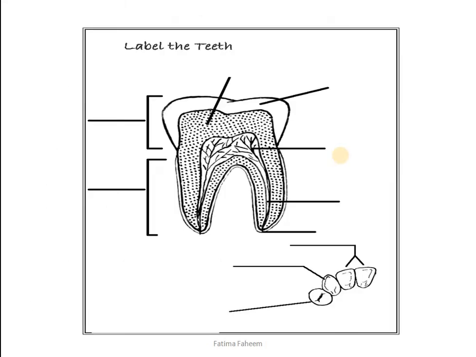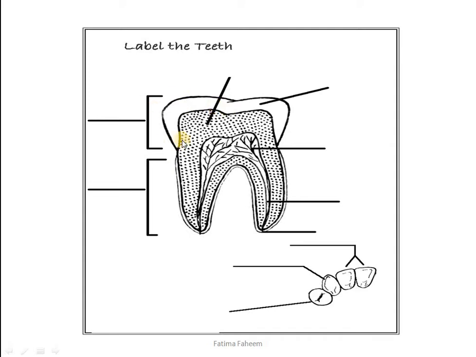This is an example of how you can label your diagrams. If you can see here, I have placed clear, continuous, scaled lines to label my diagram, and none of these label lines are crossing each other. And sometimes you have to mark a region to show a label.